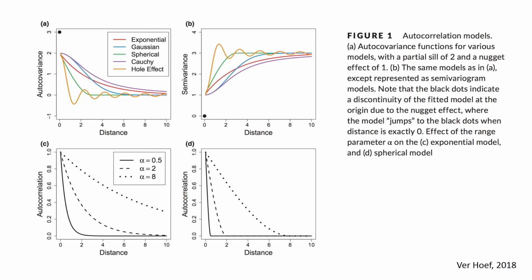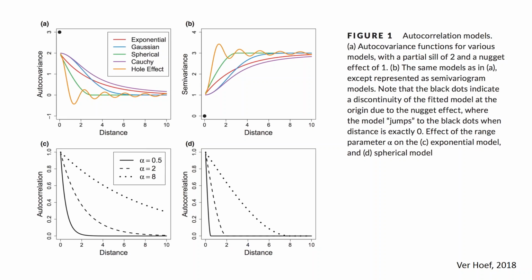I think, John, you mean the asymptote of all of the lines on the top right. Yes, exactly, which is 3. The spherical actually goes to 3 there, but the other ones asymptotically approach it. That's called the sill. So if you do 3 minus that function, you get the covariance function.